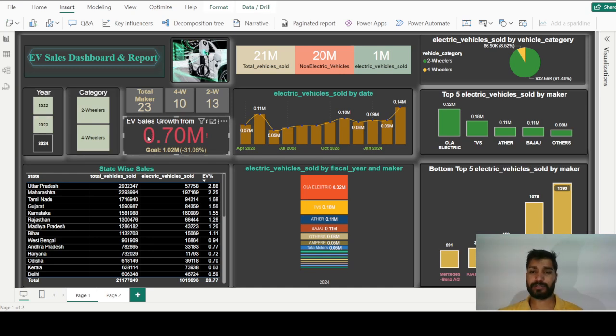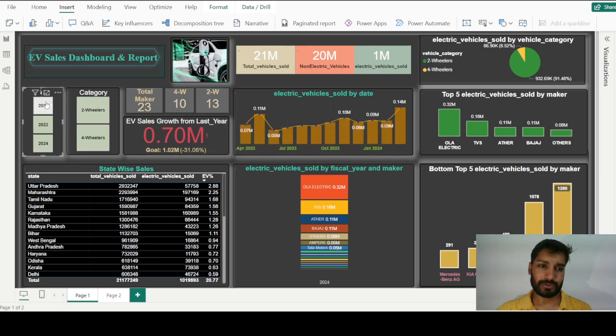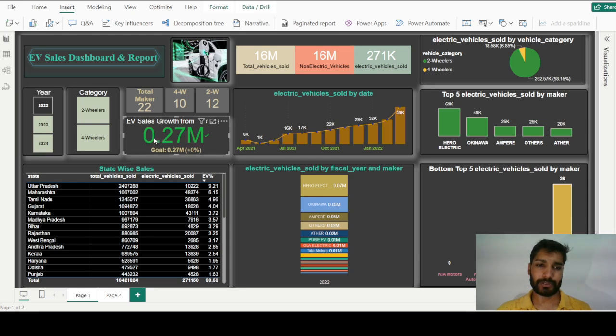But in 2024 we only have data till March, so till March we can predict the complete year sales. That's the reason this is showing a lower amount of sales. And in 2022 we can see 0.27 million electric vehicle sales, and the goal is zero, because in 2021 we didn't have any record.